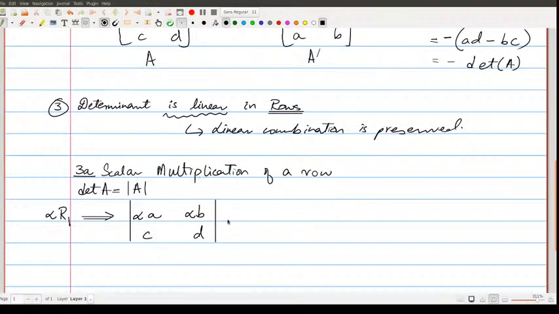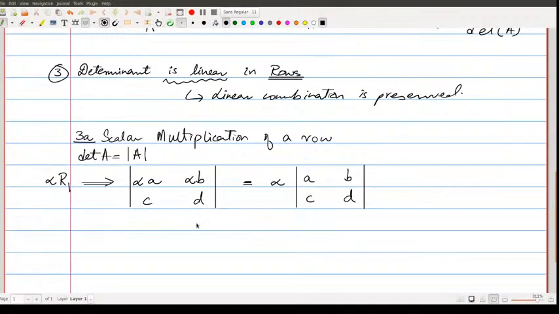And the scalar multiplication property tells me that this is the same if you just take alpha outside and then take the determinant of A, B, C, D. So this linearity is preserved: if you factor out the alpha, it won't change the determinant. And perhaps we can check that out.